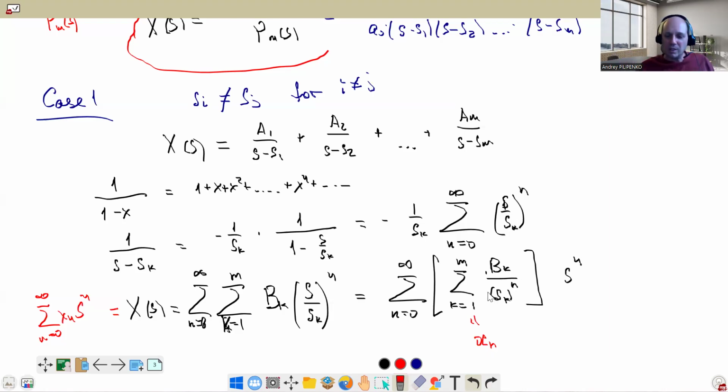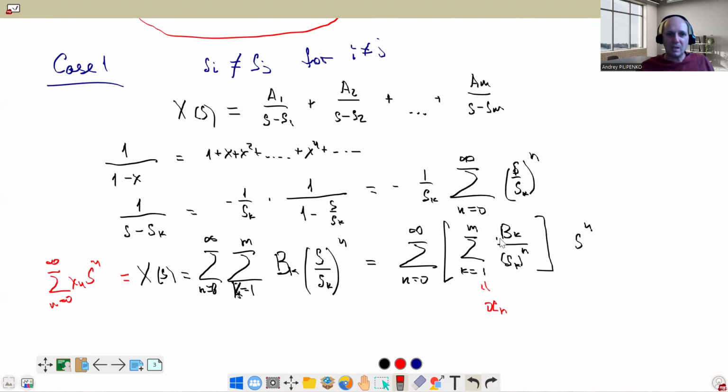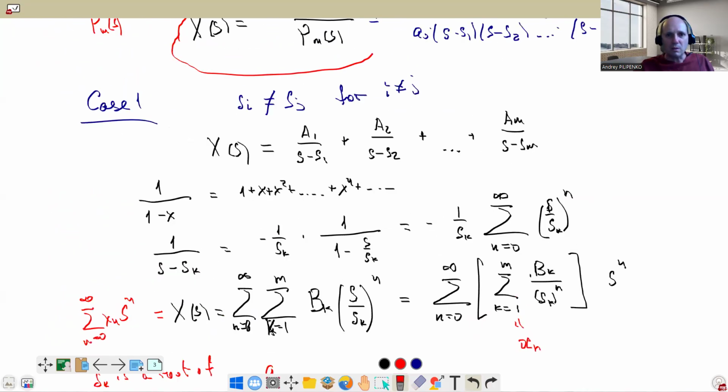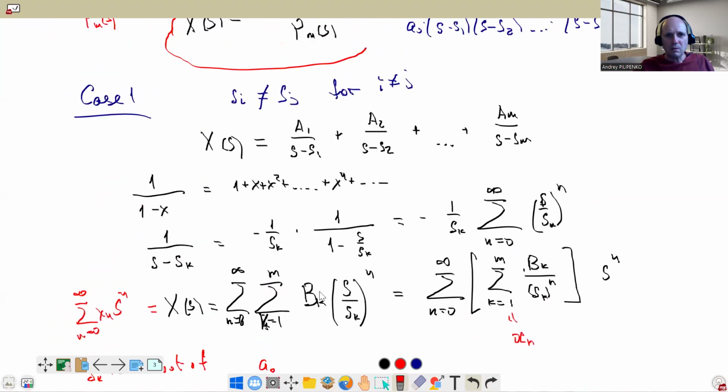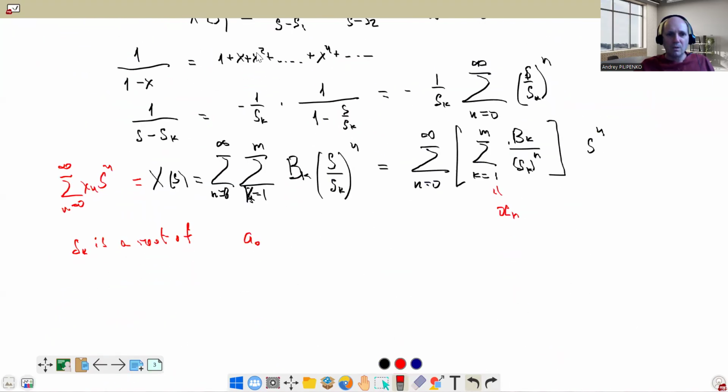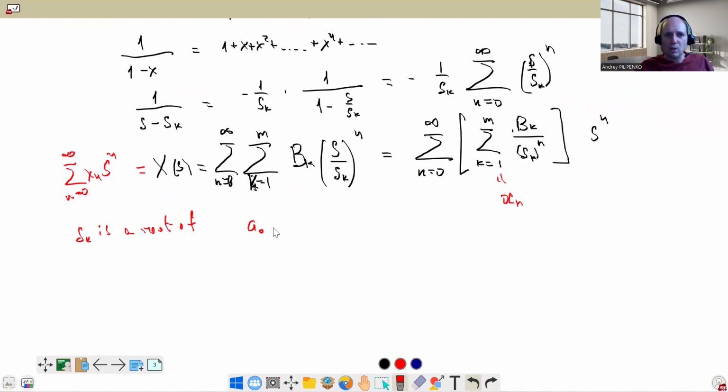And what is sk? sk is a root of the polynomial a0 plus a1 s plus so on plus am s to the power m. It is the root of this equation.